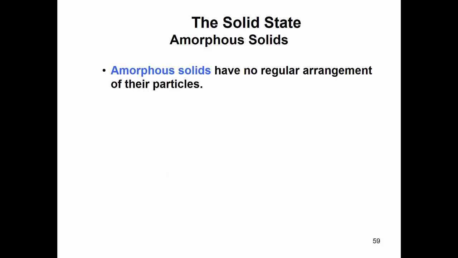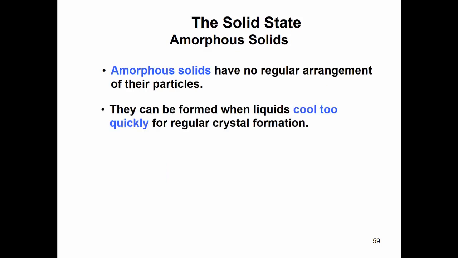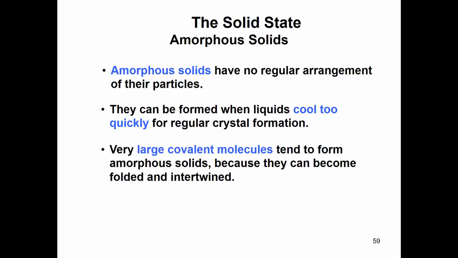And then the amorphous solids have no regular arrangement, so they can be formed when liquids cool too quickly, and very large covalent molecules tend to form these because they become folded and intertwined. Examples, rubber, glass, and plastic. So these would have no repeating, organized structure.